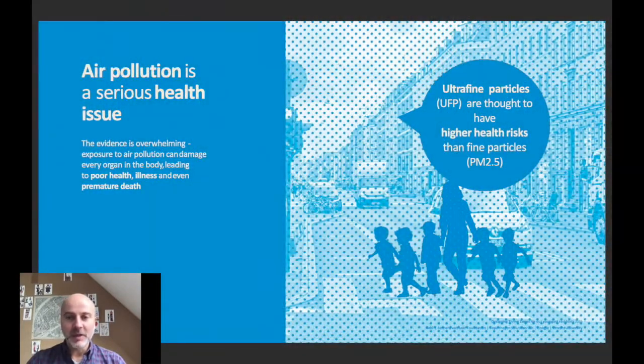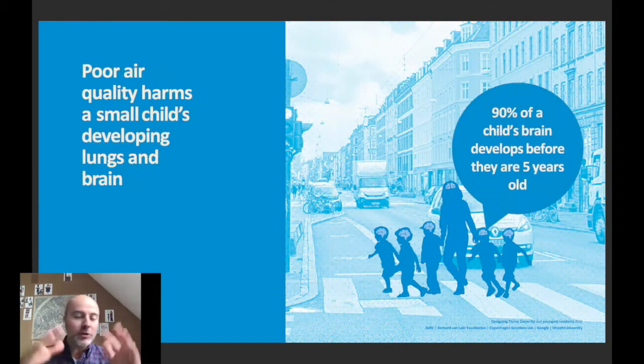So if we understand that visual, it's also important to understand biologically what's happening in those small bodies. First of all, research is pointing in the direction, and Roel could talk more about this, that perhaps these ultrafine particles are even more damaging and pose higher health risks than other ones. But regardless, we do know with a lot of certainty that 90% of children's brain development happens up until 5 years old.